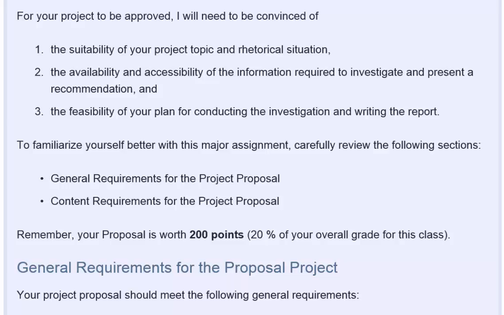So if there are problems with the scope or plans for your recommendation report in the proposal, your instructor will work with you to fix those problems and determine appropriate plans for your project so that by the time you submit your final recommendation report for grading at the end of this course, you are well situated to earn a good grade on that important assignment.